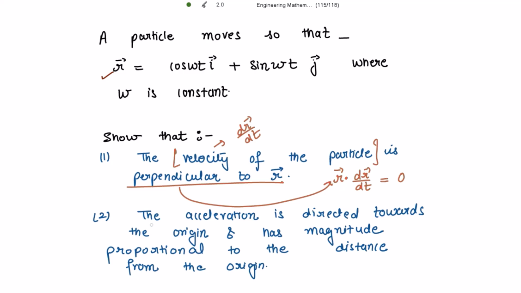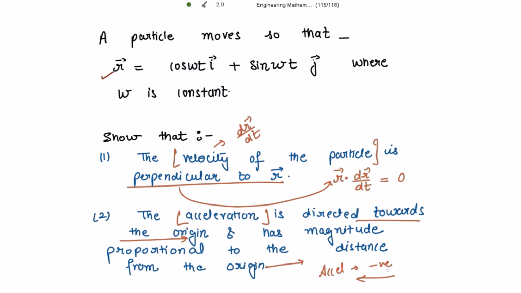Then, to show that the acceleration is directed towards the origin: if the acceleration comes out to be negative, it means this acceleration is a vector opposite to the direction of the r vector. From the origin, the r vector is along this direction.